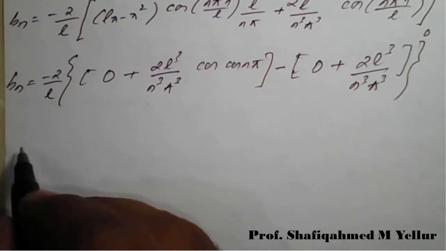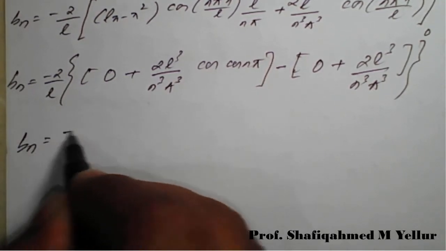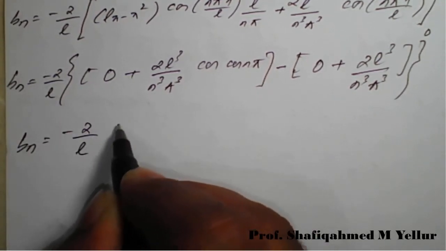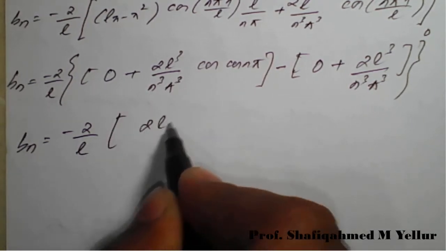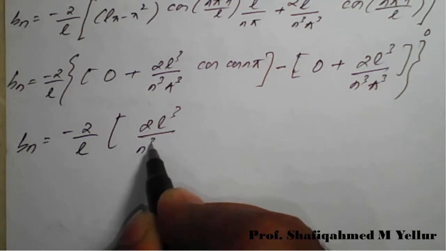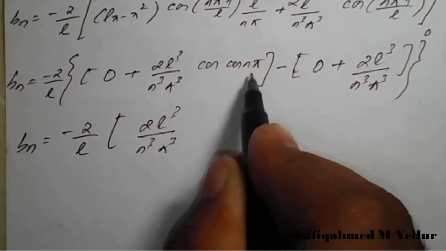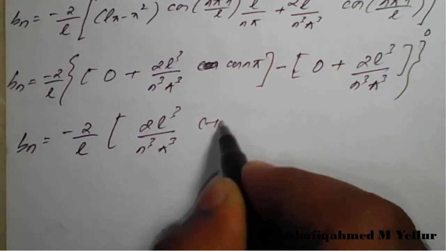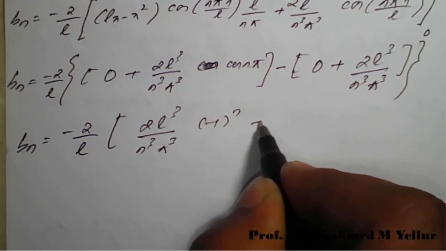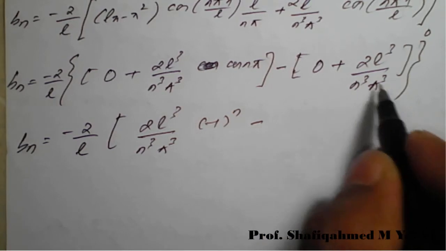Now we'll think of final simplification, that is minus 2 upon L. So what happens here? 2L cube divided by n cube pi cube cos of n pi. Cos of n pi is what here? Minus 1 raised to n, minus, this minus into plus is minus.